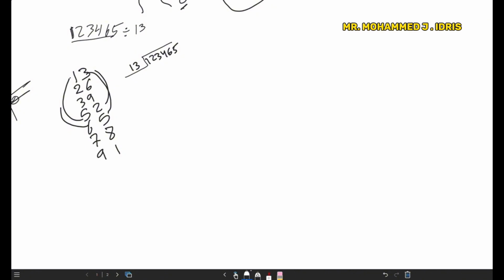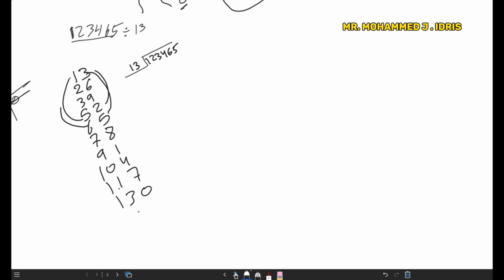In addition to the 1 in hand, 9, 91. 3 plus 1, 4. 1 plus 9, 10. 3 plus 4, 7. 1, 1. 3 plus 7, 10. 1 in hand. 1 plus 1, 2. 1 in hand, 3.